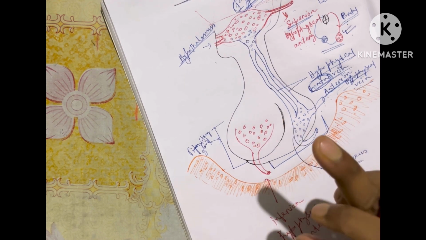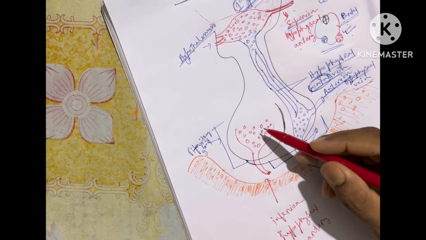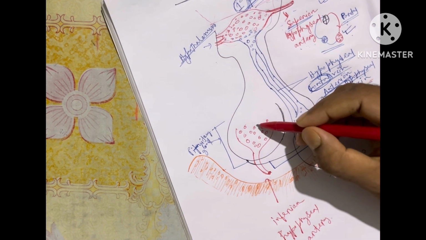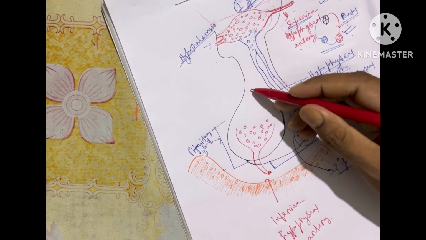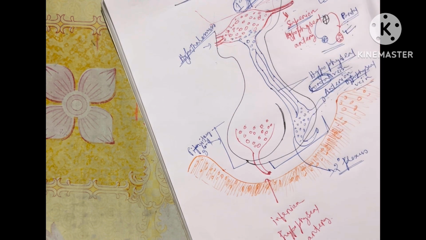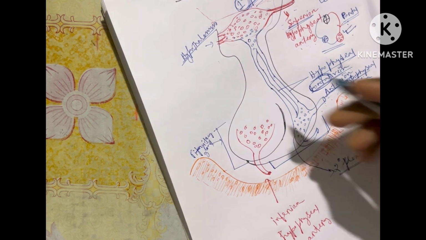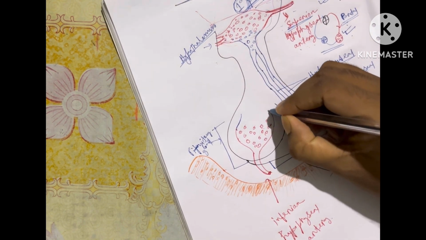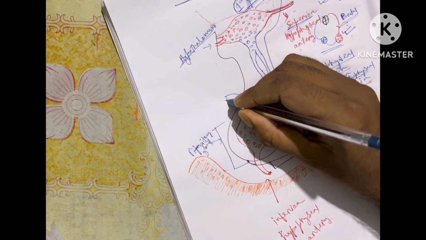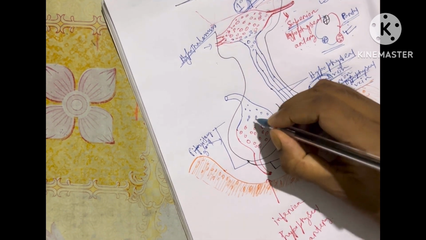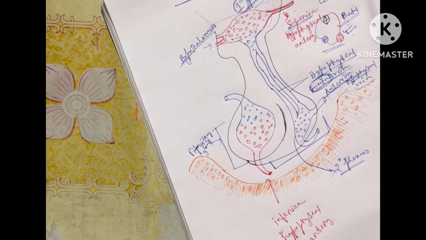But this is not a portal system, because when an artery forms a capillary network, and from that capillary network it reaches another capillary network, only then will it go back to our heart, and only then do we consider it a portal system. But just see over here: this capillary network ends up forming a venous drainage, and that's why it is not considered part of the portal system.